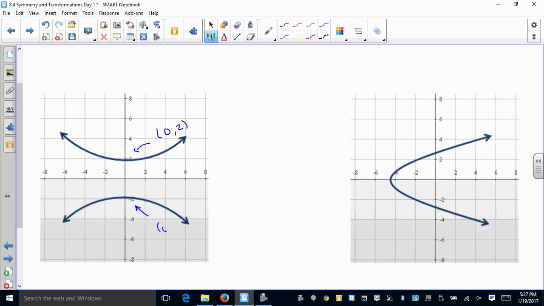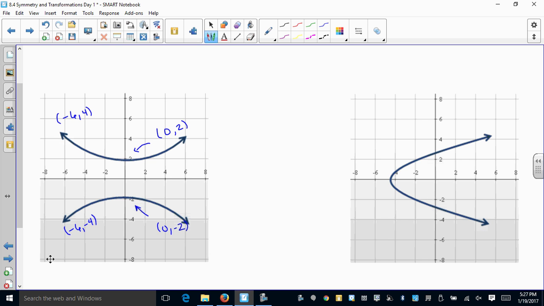X value didn't change, your y value changed signs. Now this is true here also, where you have a point of -6, 4, and down here you have a point of -6, -4. So there's quite a few examples on this one.